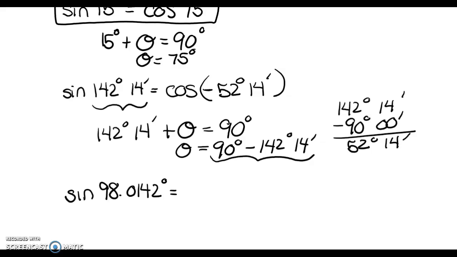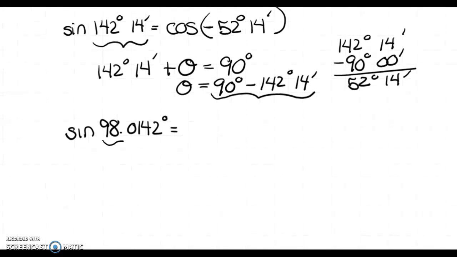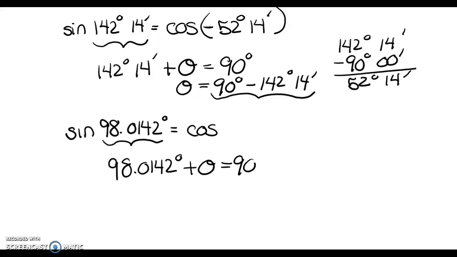Okay. So now how about if I have a decimal angle? I just do the same thing. The cofunction for sine is cosine, 98.0142 degrees plus theta equals 90 degrees.